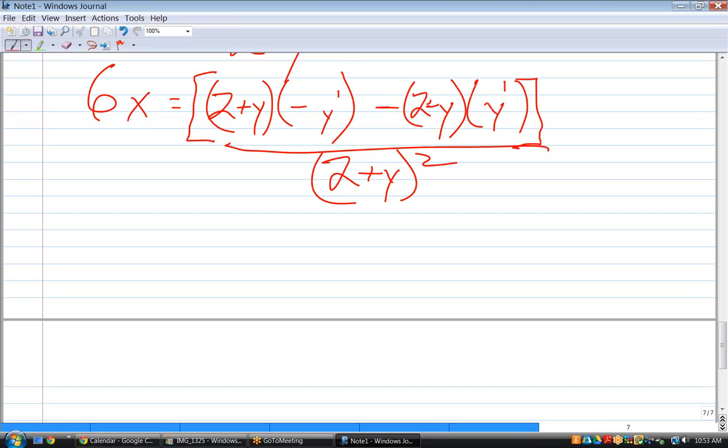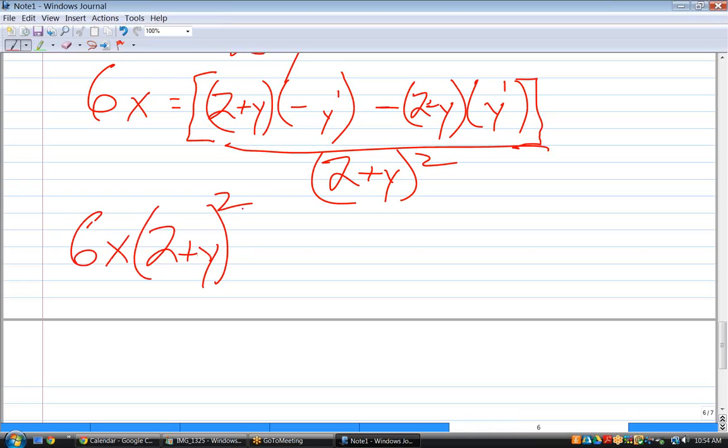But first thing to do is to try to isolate everything with the y prime on one side, everything else on the other. So the first step would be to multiply by this denominator. Okay, so we have 6x times 2 plus y quantity squared. And I don't square that because who knows what nice things might happen. We might end up with a 2 plus y on the other side that we can just divide by.